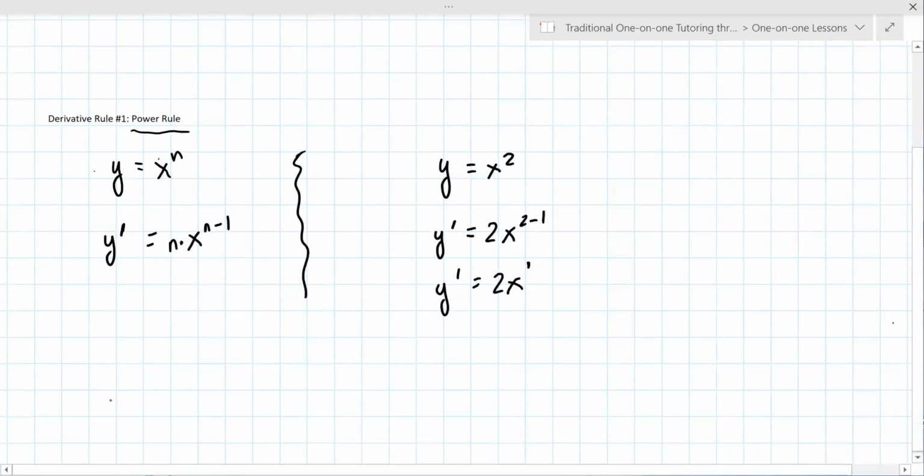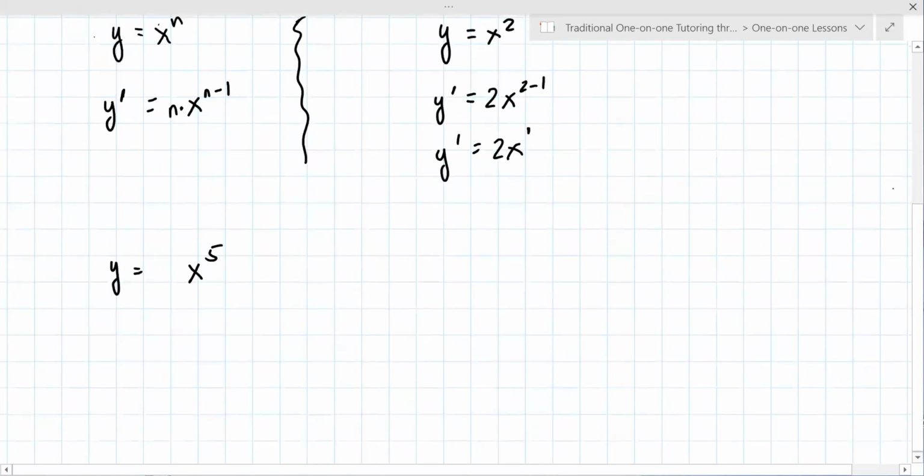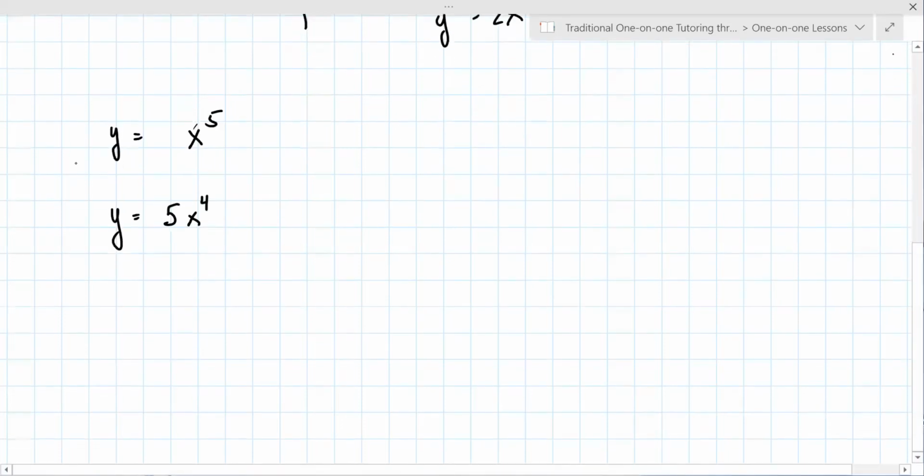So let's say I tell you that y equals x to the 5th. The derivative rule: you bring this number down, 5x to the 4th. That's pretty clear. Let's do another example.